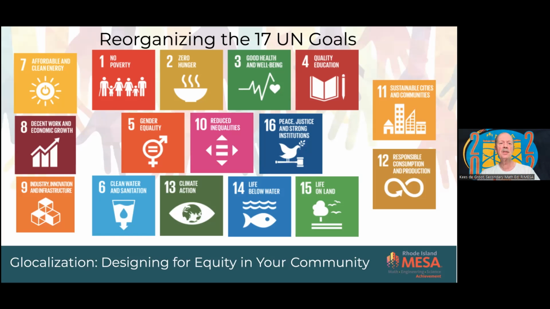So climate and our care for the planet will be of a very, very high priority, if not now, very soon. Then on the left, the cluster of three goals: affordable and clean energy, decent work and economic growth, and industry, innovation, and infrastructure.